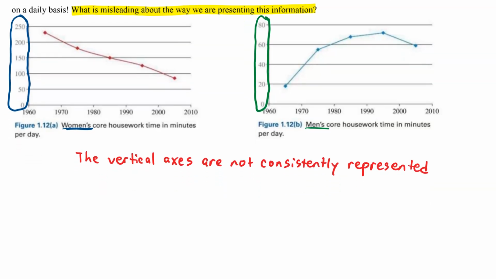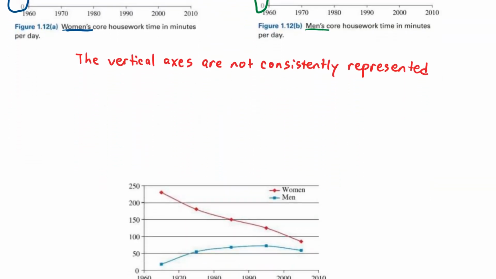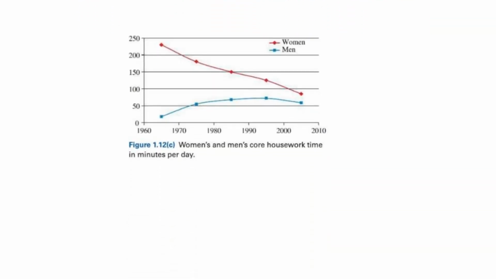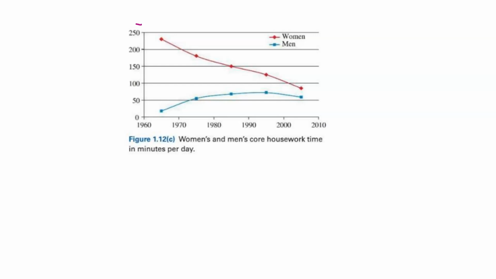If we were to take those and put them on the same graph and rescale so that we have the same representation on that vertical axis, we can see that there has definitely been a decline in the amount of housework that women do on a daily basis, and a slight incline for the amount that men do.